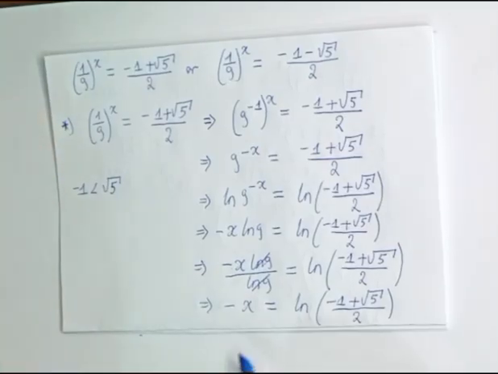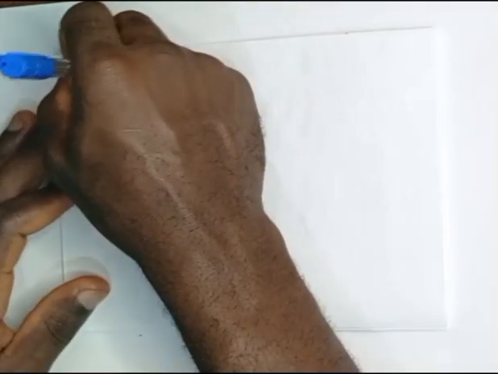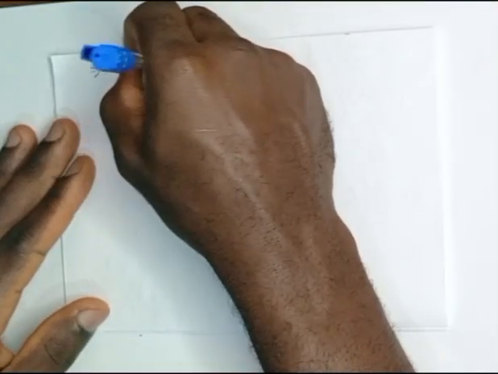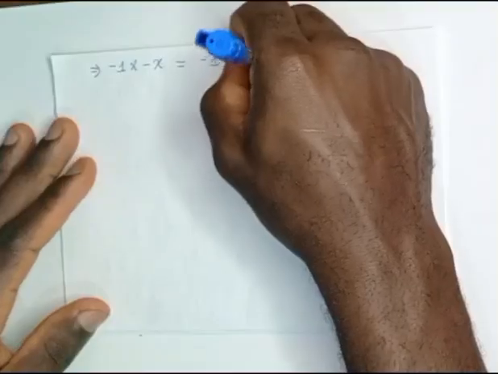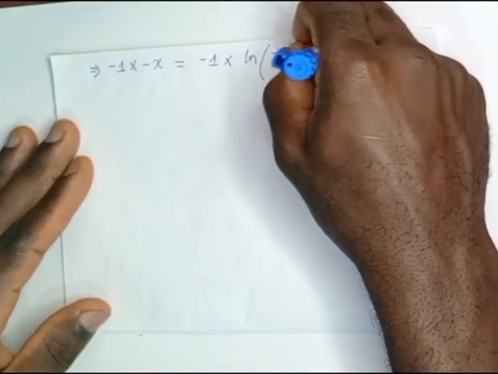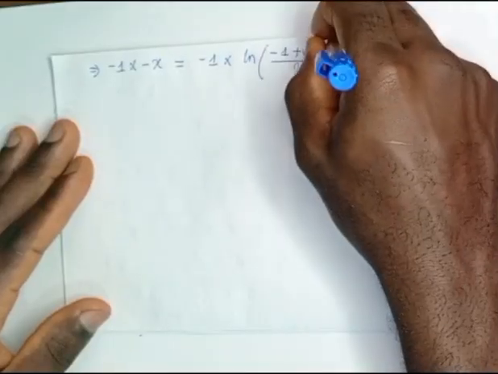What we are looking for is x, we are not looking for negative x. For us to eliminate the negative sign in front of x, we are going to multiply both sides by negative 1. Multiplying both sides by negative 1, then negative 1 times negative x is equal to negative 1 times the ln of negative 1 plus root 5 all over 2.